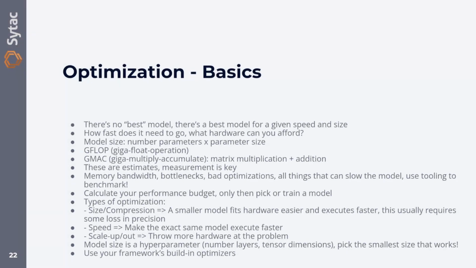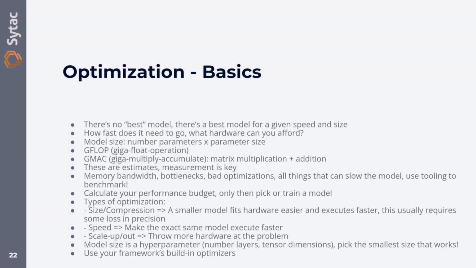If you want to bring a large language model to production, can you afford to buy a super large GPU, or do you want to run it on your phone? Very different types of calculations. How fast do you want your answer? So first your performance budget, then your model.